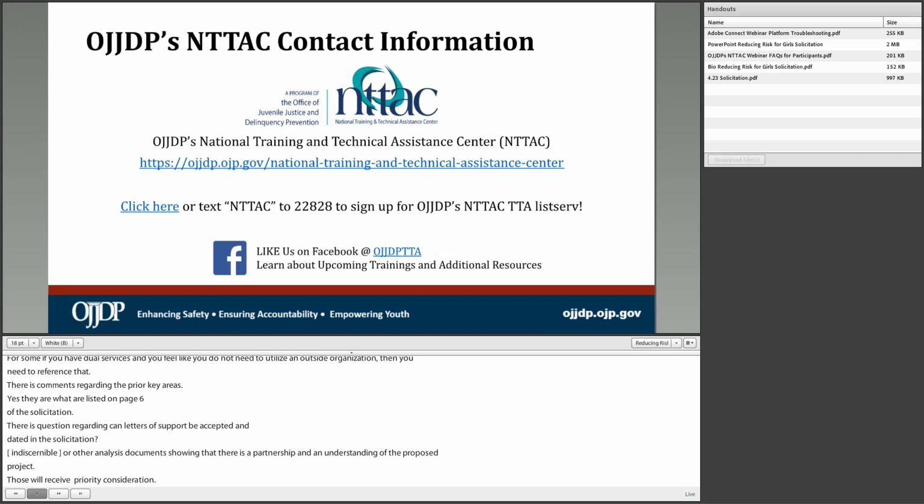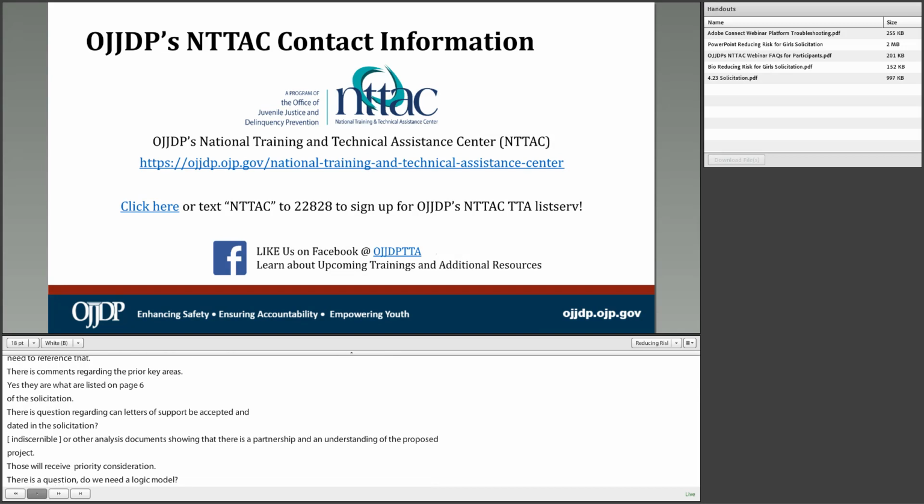There is a question, do we need a logic model? And a logic model is not required as an additional attachment this year in the solicitation.